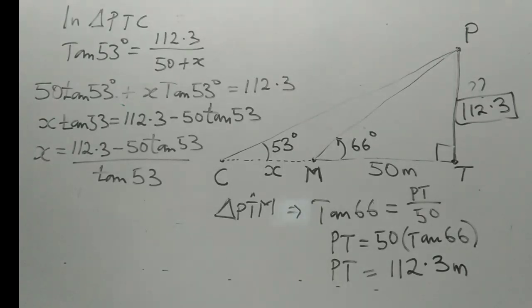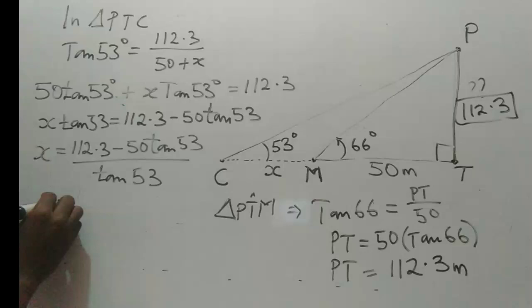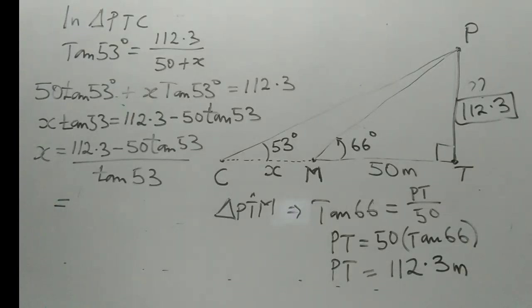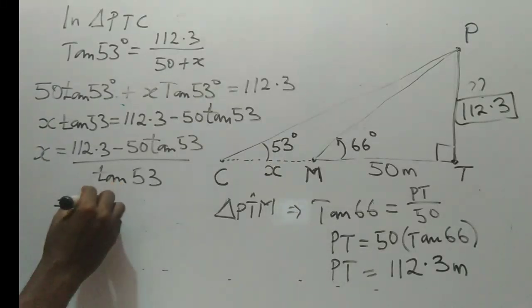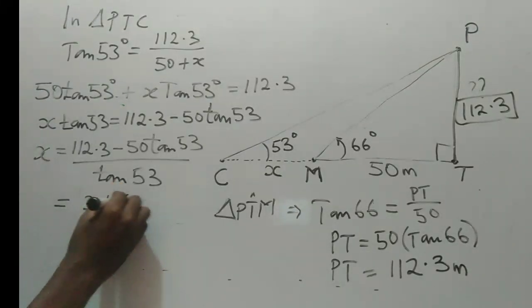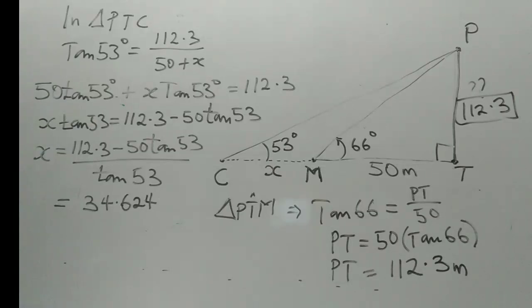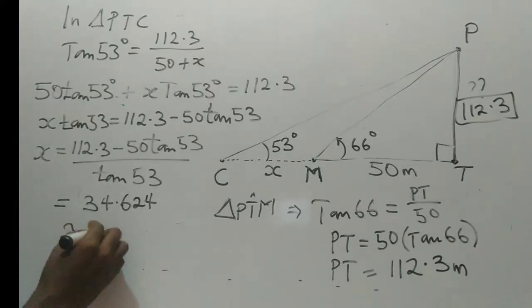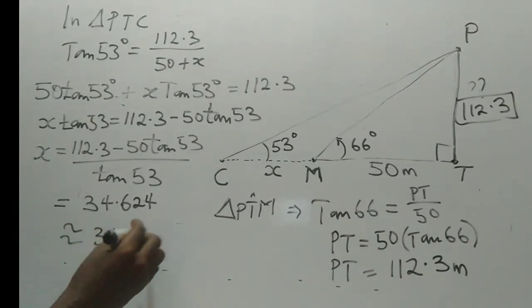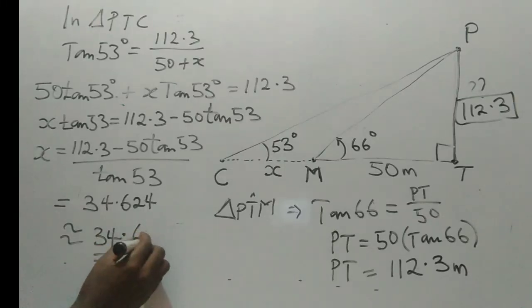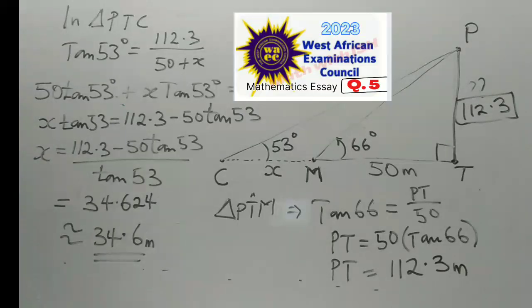And when you do that, we are going to have our final answer as 34.624. When you approximate this to one decimal place, this will give us 34.6 meters. So this is our value for x. Our x is 34.6 meters.